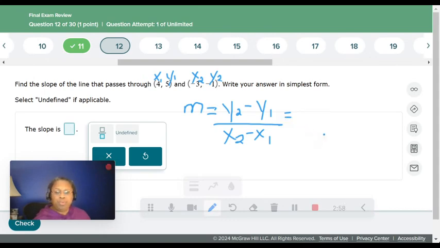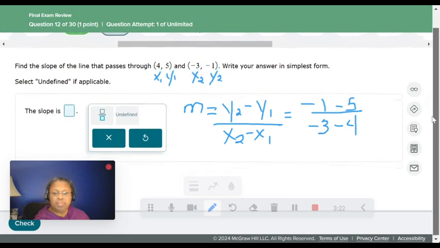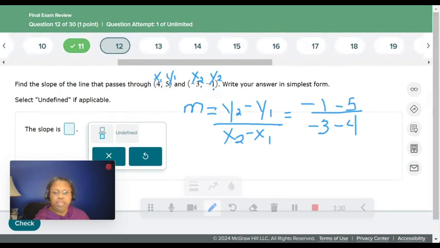So now when we input our values, we have negative 1 minus 5 divided by negative 3 minus 4. Now I am going to double check because the way this page is, we've got a positive 4 and a positive 5, good, negative 1 and a negative 3. Here are our y values. Here are our x values. We don't want to mix them up.